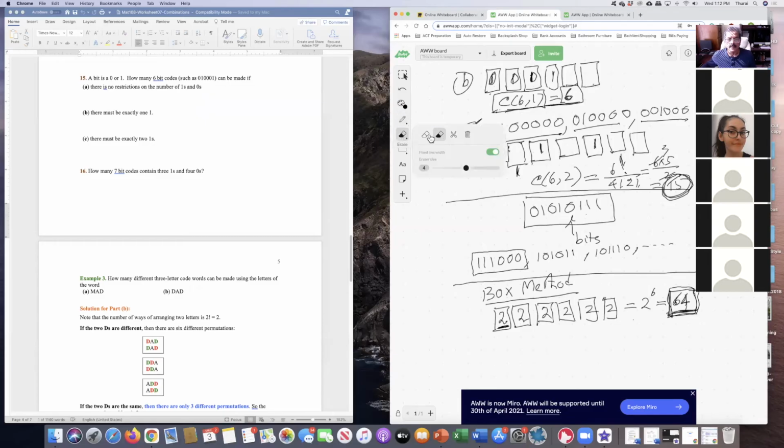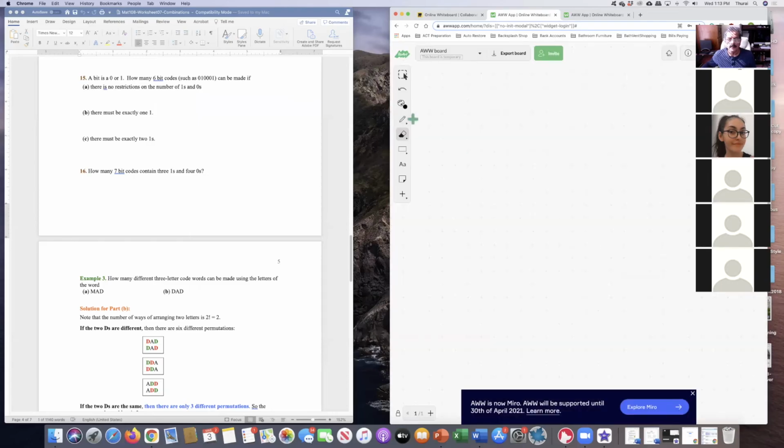Problem 16 says how many 7-bit codes contain 3 ones and 4 zeros? This question is worded differently from question number 15, but the question is essentially similar.